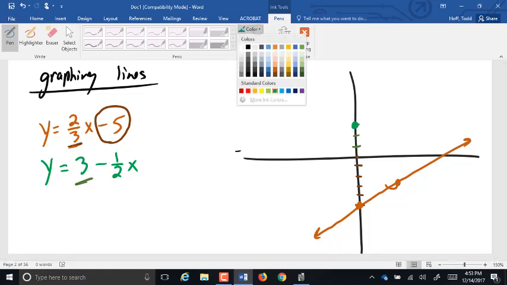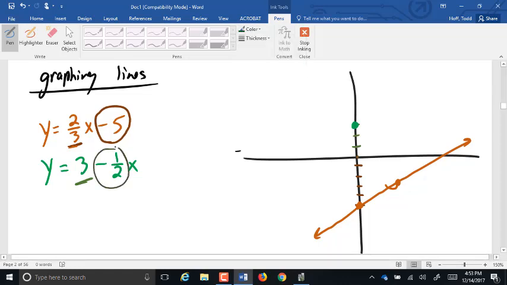Now, this is a -1/2 slope. So that means from this first point, we go down 1. The rise, the top number is 1. That's a rise. Negative means down. The run is the denominator of 2. Run is always left to right, so we go over 2. There's our second point. There's our line.